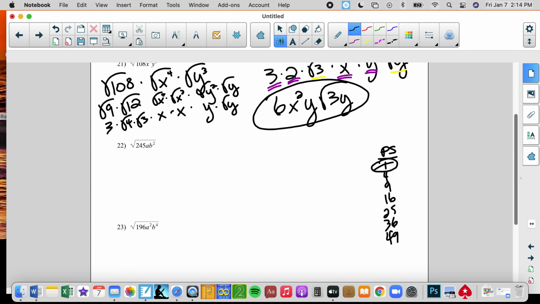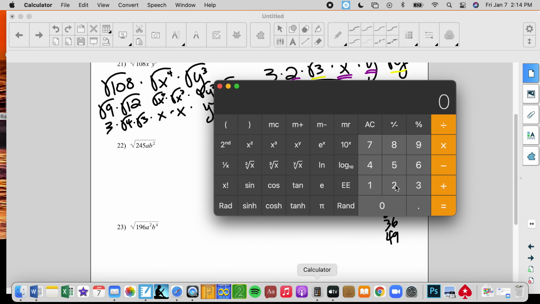Square root of 1 gives us 1 and that original number. 4, does 4 go into 245? No. Does 9 go into 245? 2 plus 4 is 6, plus 5 is 11? No, 9 does not go into it. 16, I have no idea. Let's try 245 divided by 16. Nope, so that's not a factor.